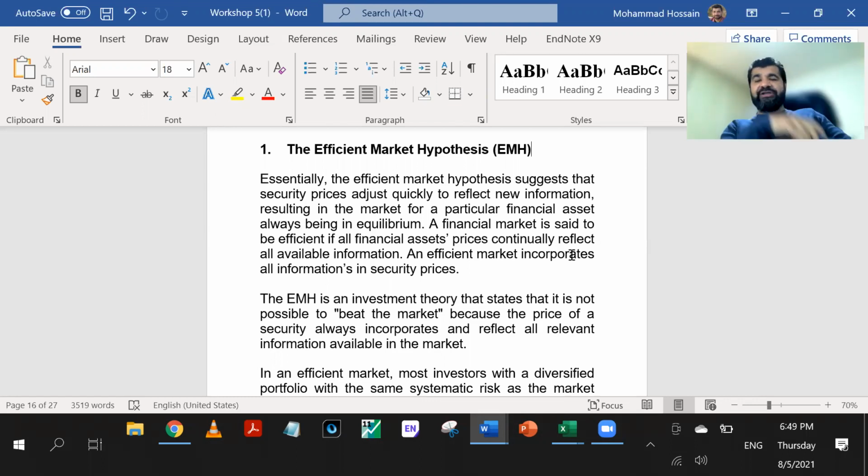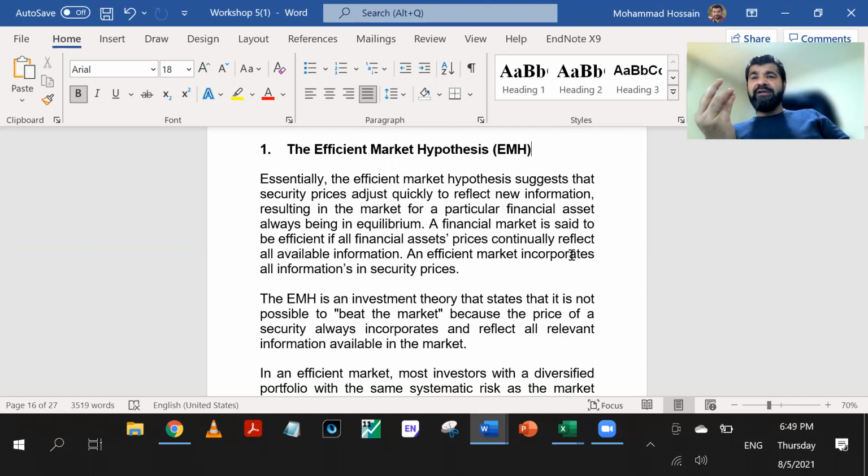Now you made a valuation of the share, and after making the valuation you found that the share's value is actually $12, but the market price is $10. Make sense what I'm saying? Will you buy the share or not? Of course.